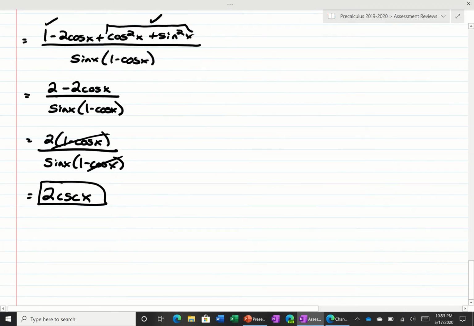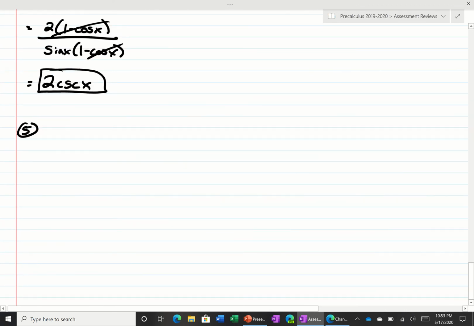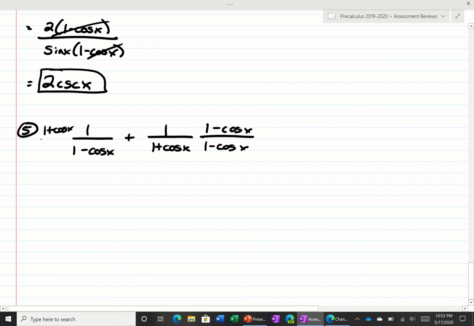And then our last one, number 5. Number 5 says we have 1 over 1 minus cosine plus 1 over 1 plus cosine. So let's get a common denominator. Multiply top and bottom here by 1 minus cosine, and multiply here by 1 plus cosine.